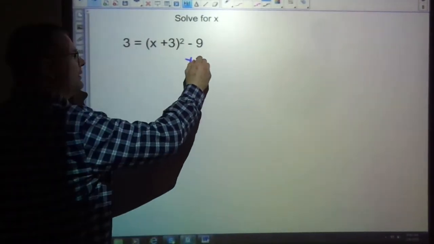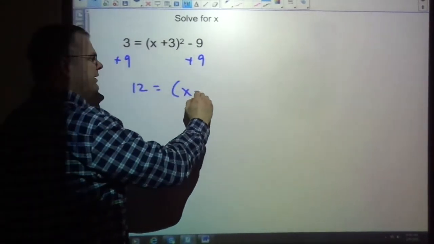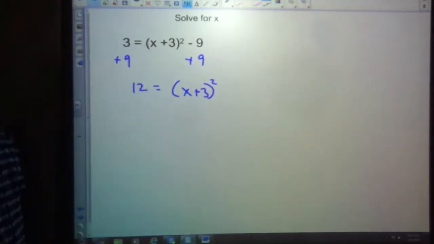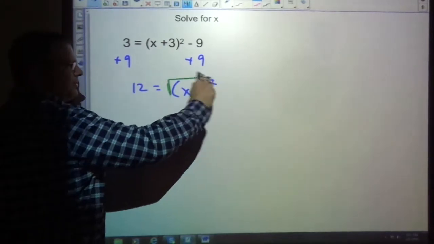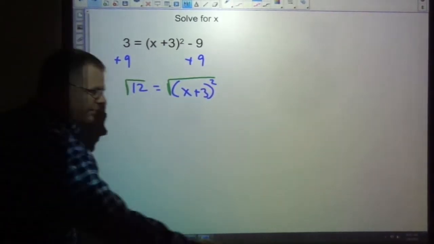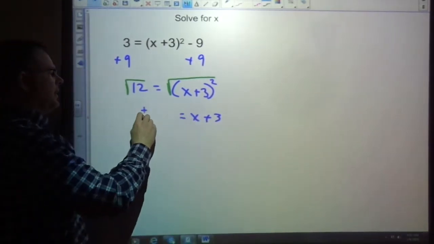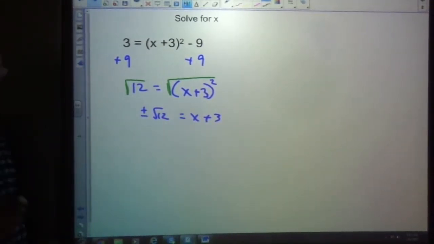Add 9. Great. So I have 12 equals x plus 3 squared. Aha, the whole side is squared. So to get rid of a squaring, I will just simply square root. So I have x plus 3 equals plus or minus square root of 12. Can 12 be made smaller? Yes, it can.